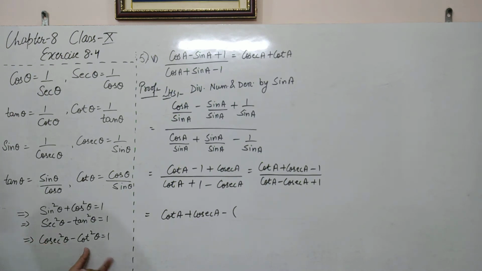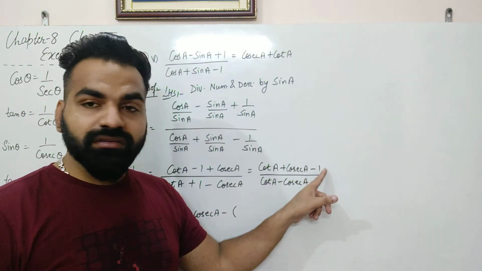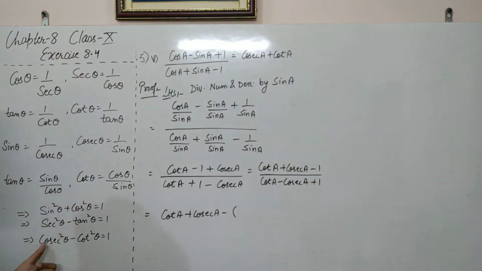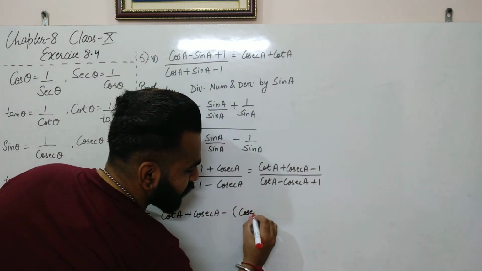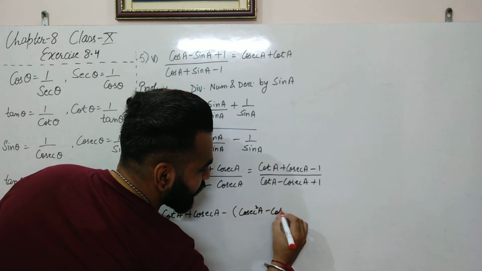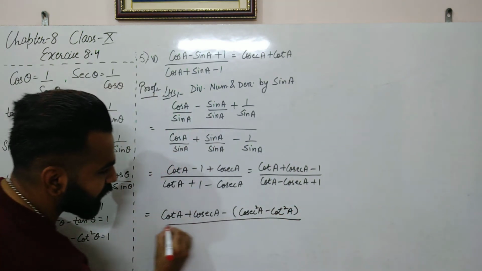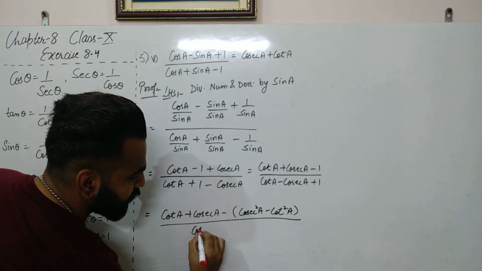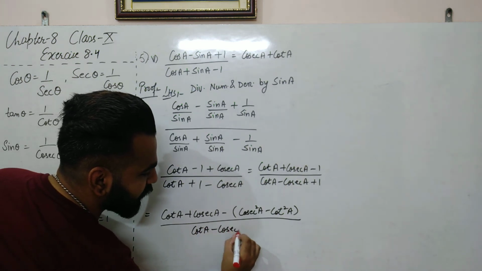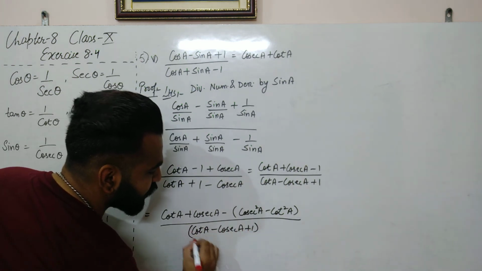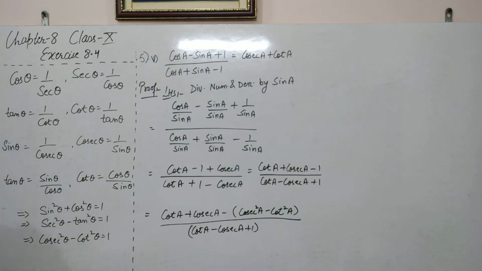Cosecant square theta minus cot square theta equal to 1. So for this 1, the value 1 here, we can write it as cosecant square A minus cot square A. Cosecant square A minus cot square A divided by cot A minus cosecant A plus 1. No need to change anything in the denominator part.